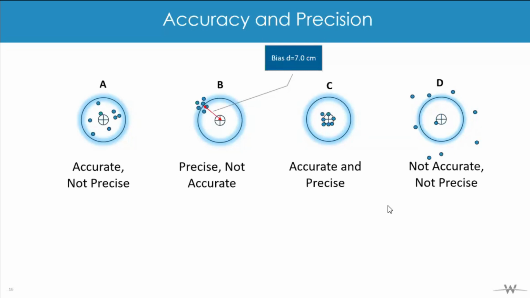They are targeting the bullseye, but the scope is taking them 7 centimeters away. Once that calibration of the scope or the rifle barrel is fixed mechanically, the result of the shooter in B will be identical to the result of the shooter in C, accurate and precise.